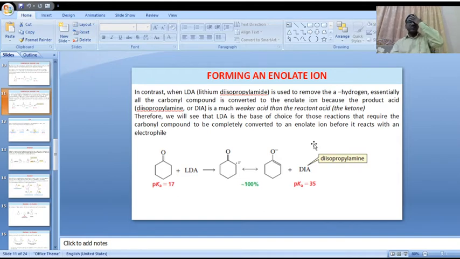When we use the normal hydroxyl functional group, it does not give this much enolate ion formation. Is it clear, all of you? In the presence of LDA, it gives more yield of enolate ion formation.